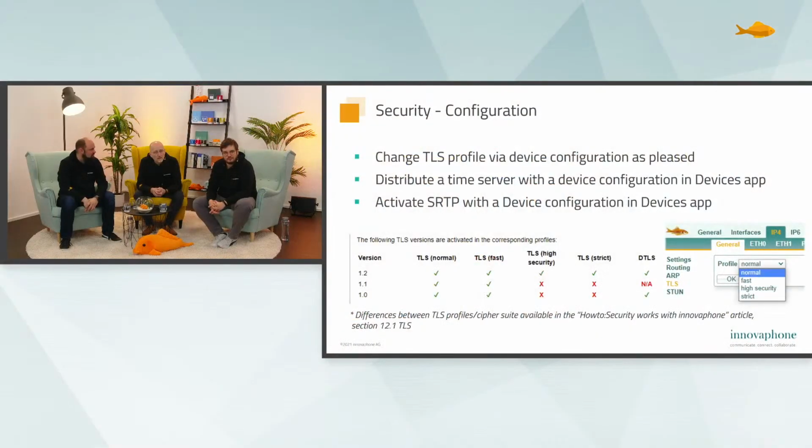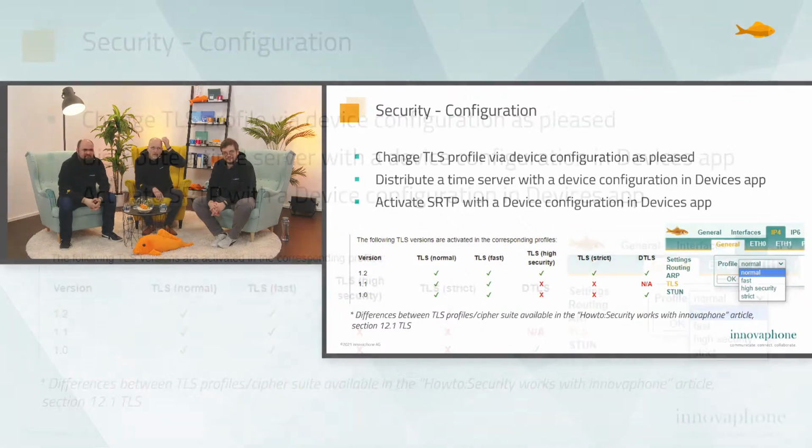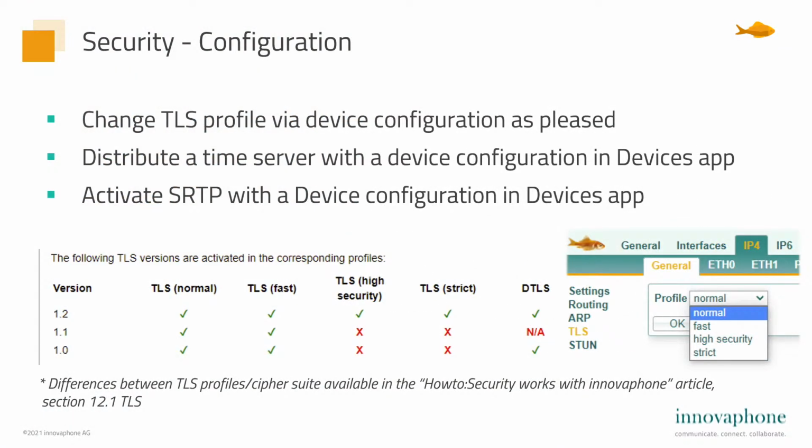Okay, we have talked about it in the earlier state. You can also change the TLS profile via the device configuration as you wish. You can distribute the time server with the device configuration to all your devices.